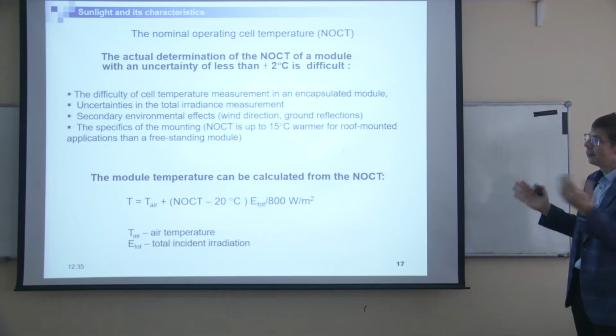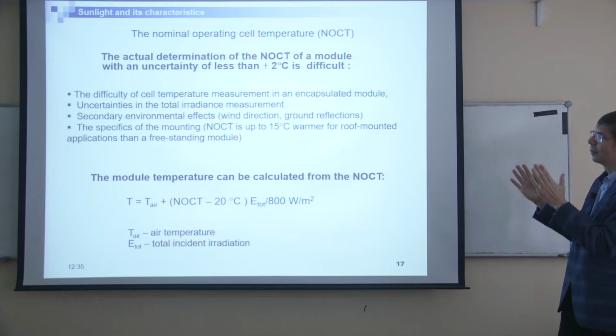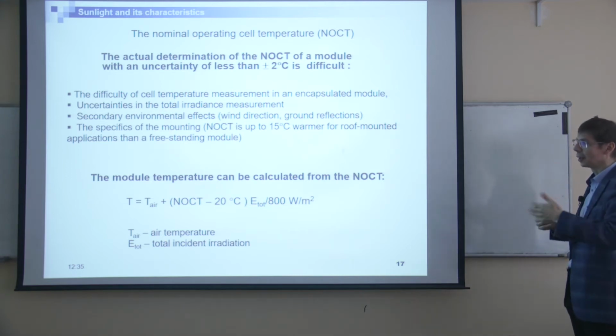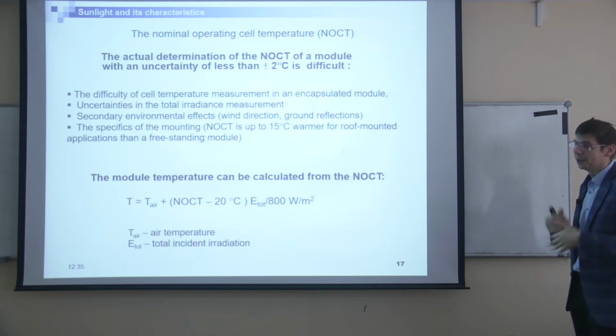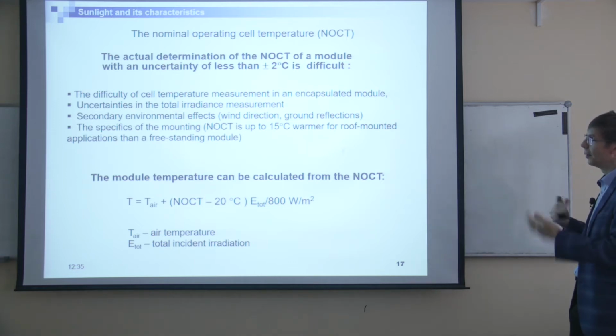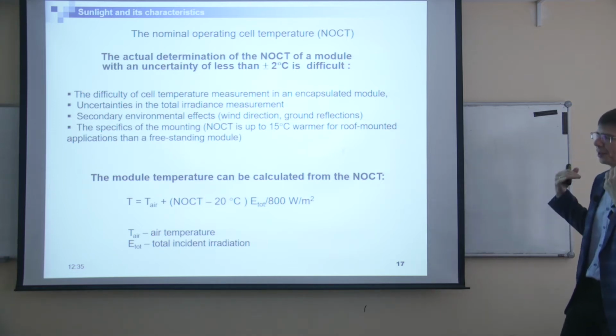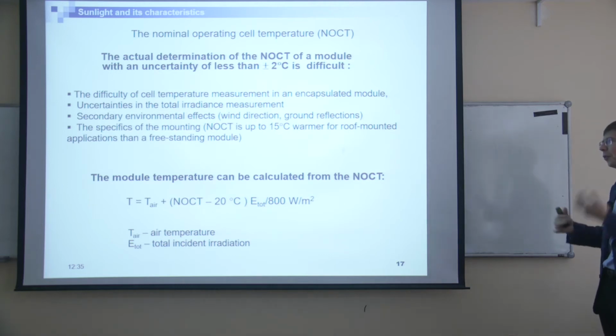If you have some gap from the roof, you can improve the cooling a little bit. So there are different parameters which can affect the real temperature of the solar cell.